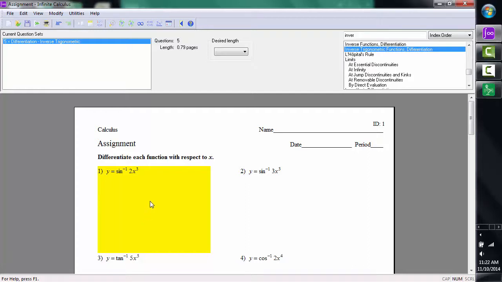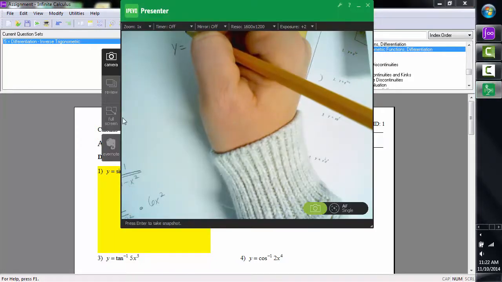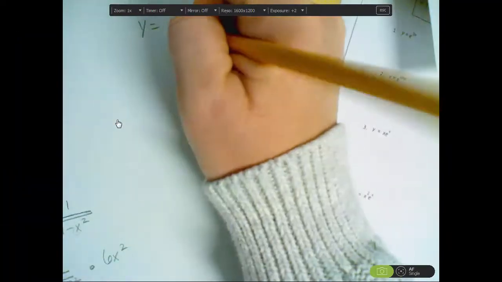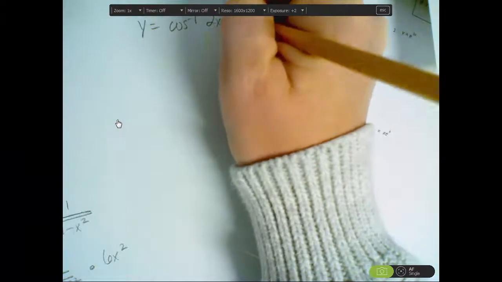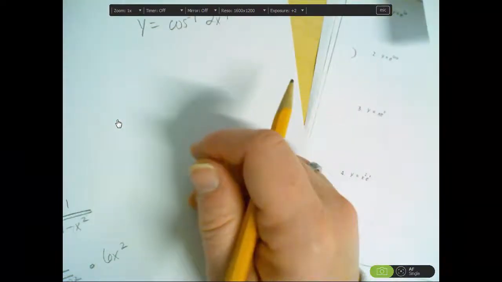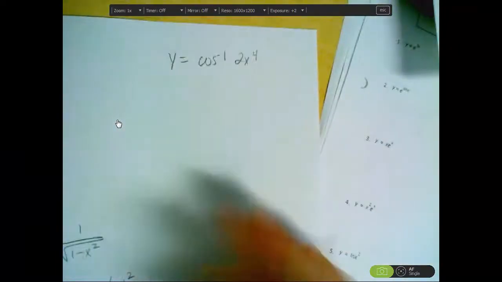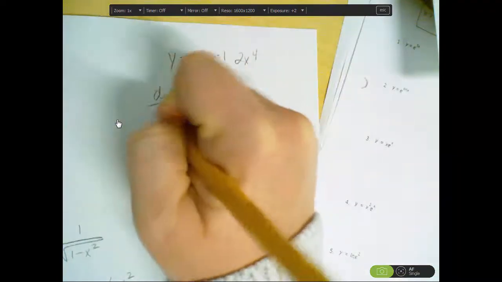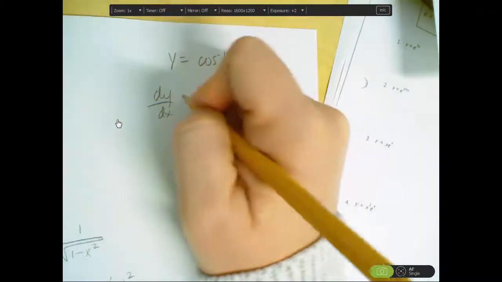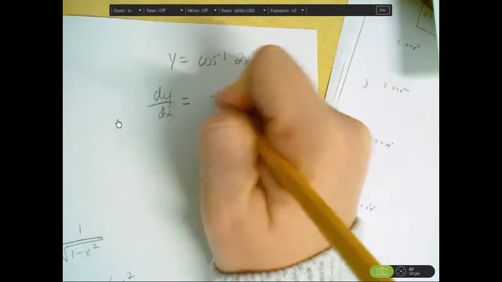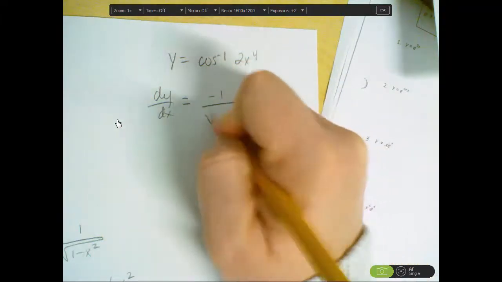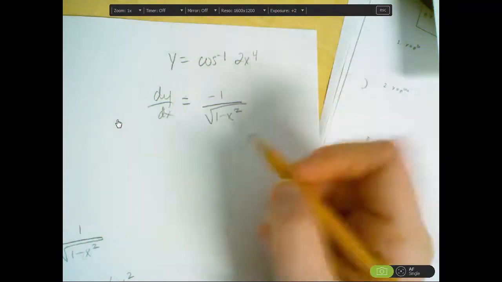Now let's do one that's cosine. Y equals inverse cosine of 2x to the 4th. Well, my handy dandy cheat sheet tells me that dy dx is negative 1 over square root of 1 minus x squared.